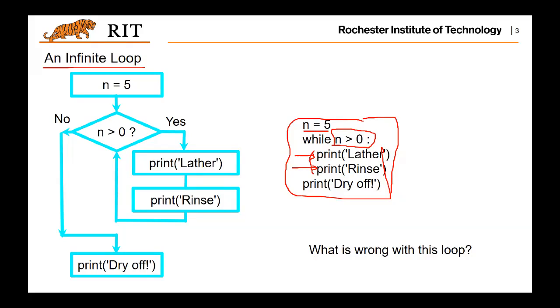But afterwards, we did nothing to n, which means n is still 5. Then we go back to check this condition in this line, and still it is satisfied, and these two lines will be executed, and so on and so forth. This will be infinitely repeated. So that's how an infinite loop is generated.